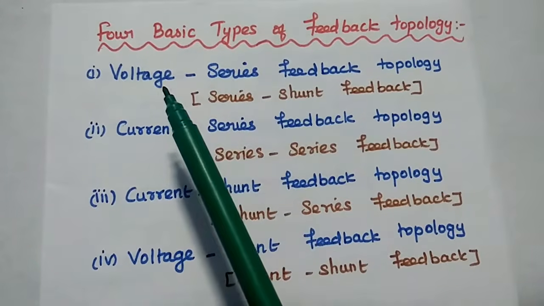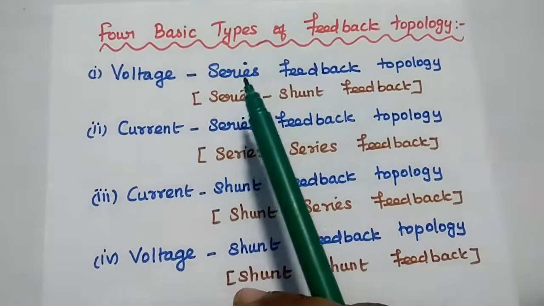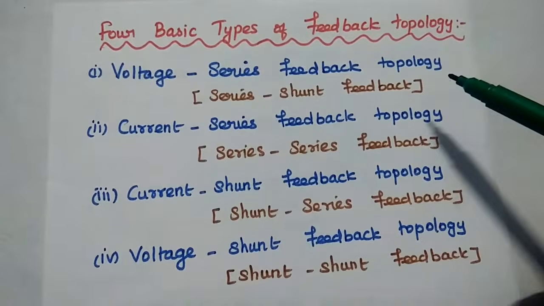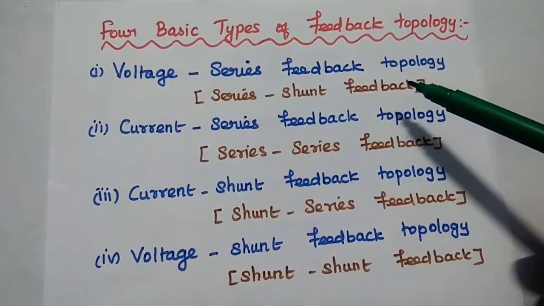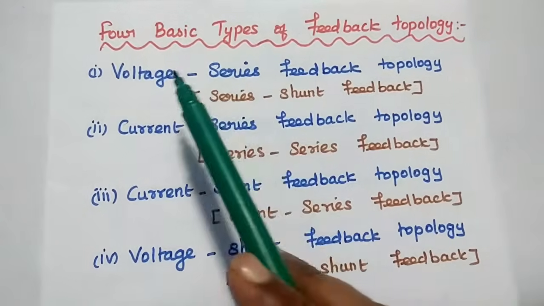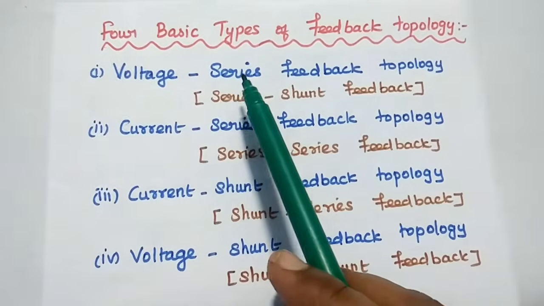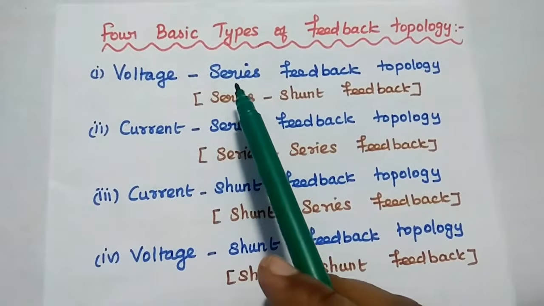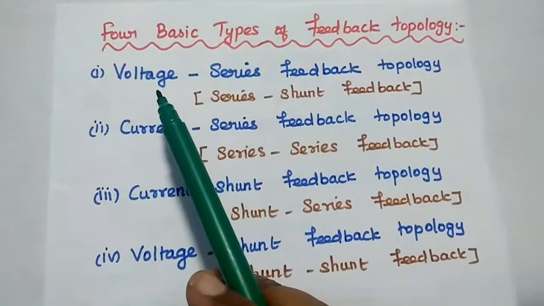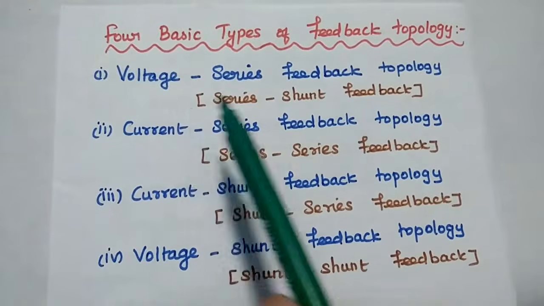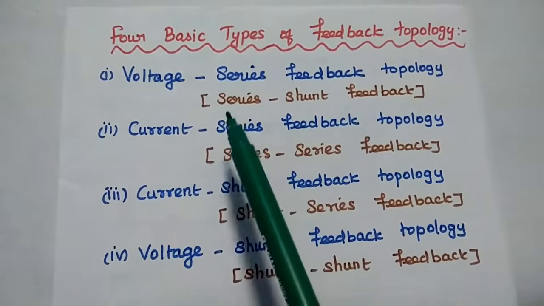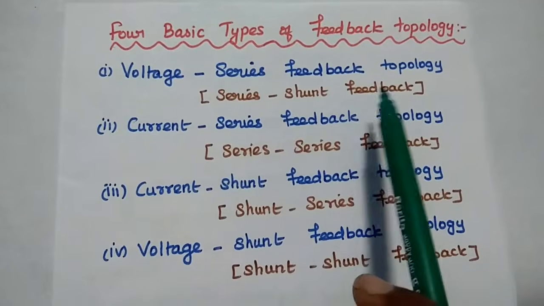So it is called voltage sampling series mixing feedback topology. It can also be represented as series shunt feedback. So this series represents the mixing at the input side. So we can write the series first, and here voltage is always represented by shunt connection. So we can say series shunt feedback.